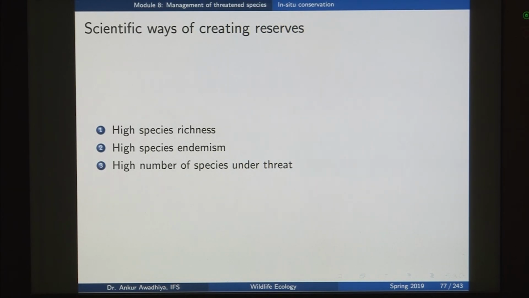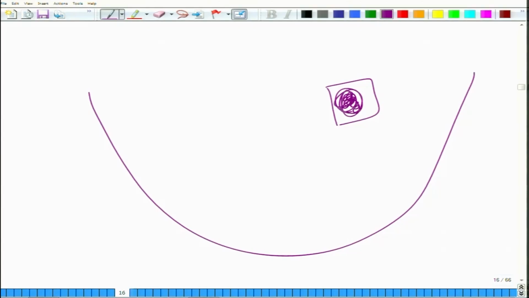We also require reserves in areas that have a high degree of endemism, because if we have an area in which you have a particular species, say lions, and lions are only found in this area and not found anywhere else, if we construct a reserve in this area, we will be conserving this population of lions, because if we lose our population of lions in this particular area, we will lose the lions completely forever.